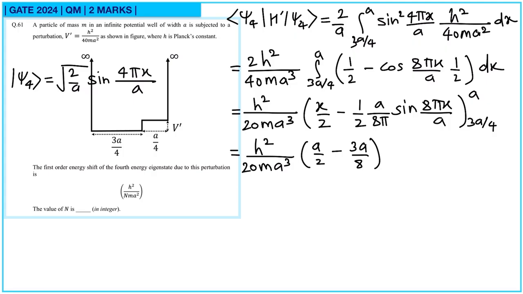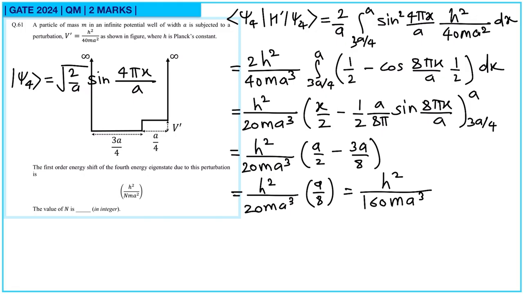So this is equal to ħ square upon 20 m a cube into a by 2 minus 3a by 8, which is a by 8, and that is equal to ħ square upon 160 m a cube. So the answer is n is equal to 160.